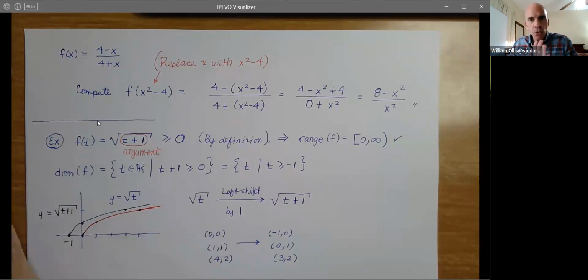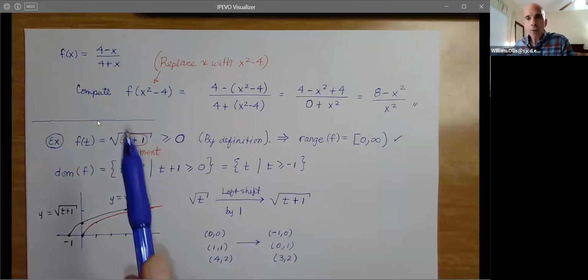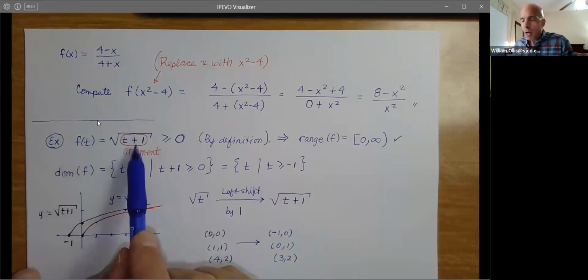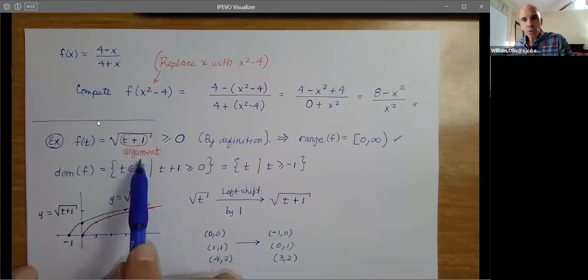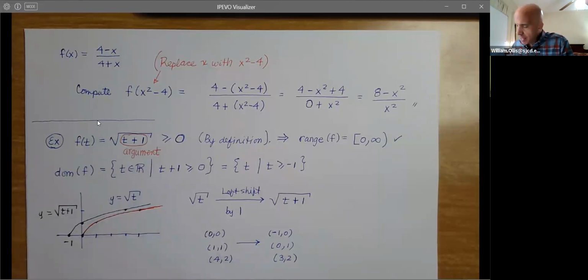Well, we basically do two things. We check for division by 0, and we check that if we have an even nth root, that the argument is non-negative. Now, that's not difficult, but it does help us to understand why when we take calculus, these types of computations are very important.